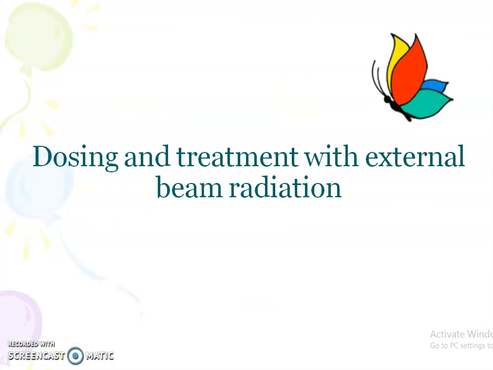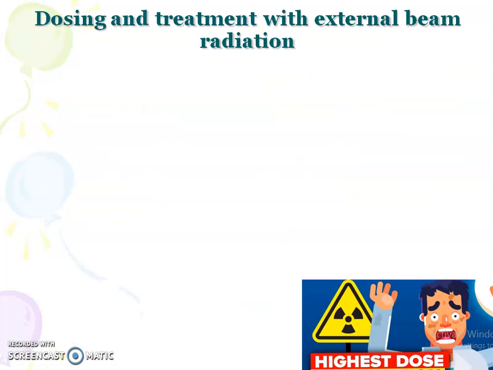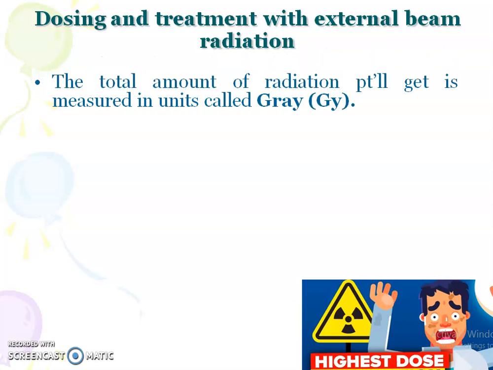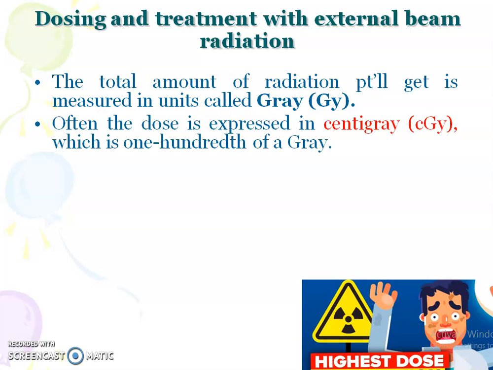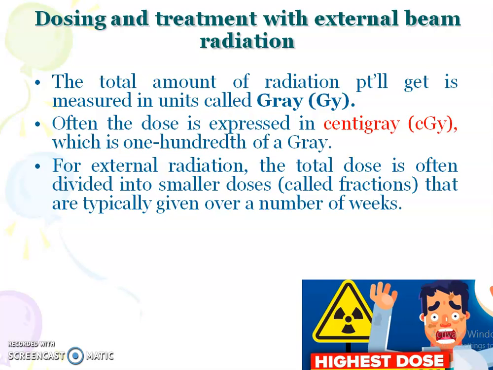Next is about the dosing and treatment with the external beam radiation. The total amount of radiation the patient will get is measured in units called gray. Often the dose is expressed in centigray, which is 1/100th of a gray. For external radiation, the total dose is often divided into smaller doses. They are called fractions, which are typically given over a number of weeks.